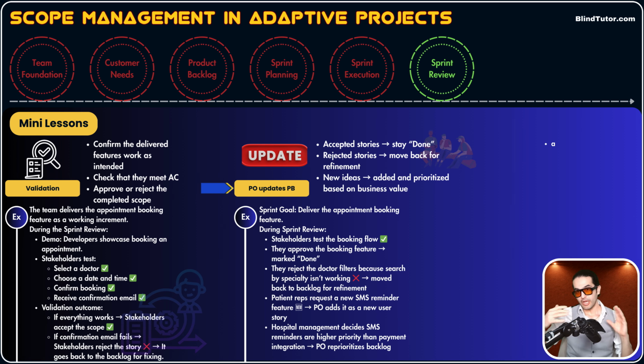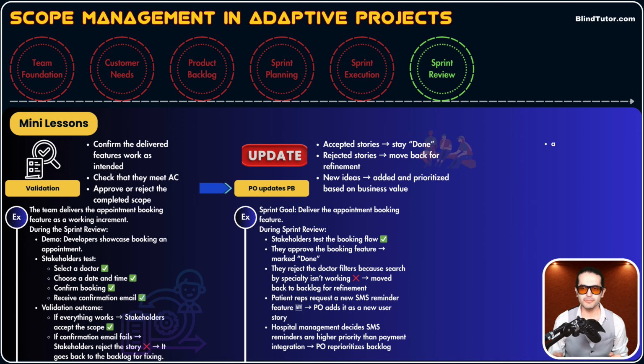So we update product backlog and we make sure that for the next sprint, we're gonna work on this rejected feature. And in sprint reviews, sometimes there are new ideas that come into the mind of stakeholders, customers, or product owner. Hey, now that you showed me this feature, what if we add this feature also? So that new idea will be documented in product backlog.